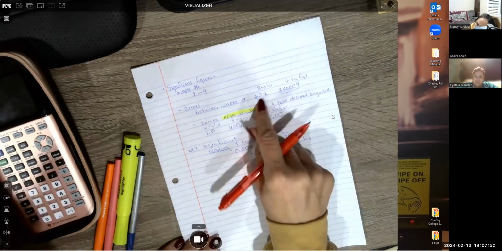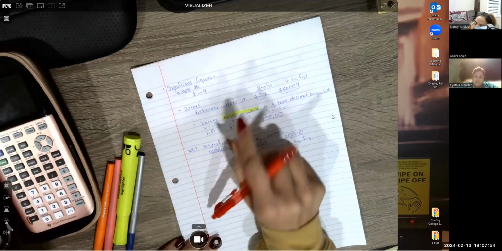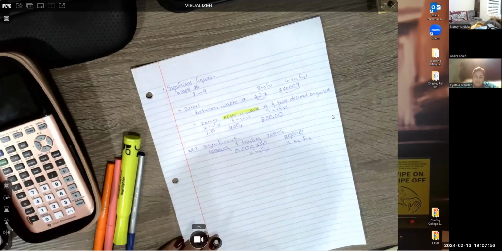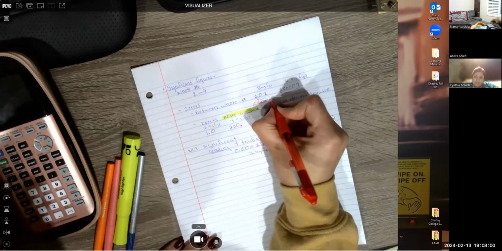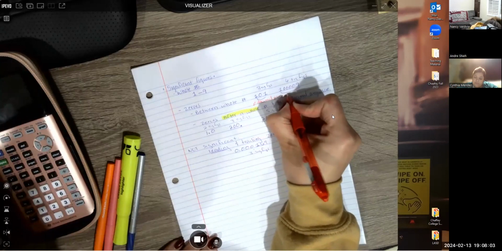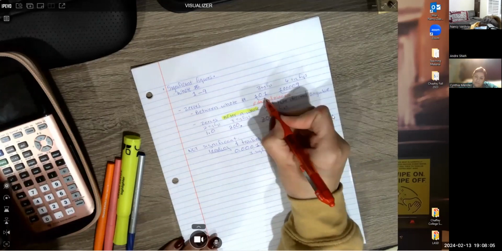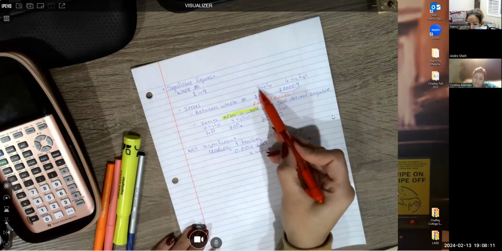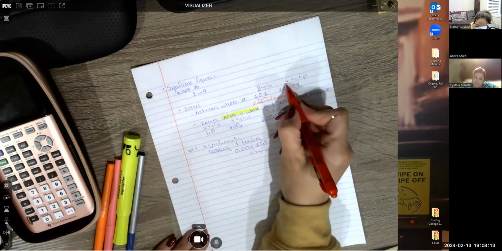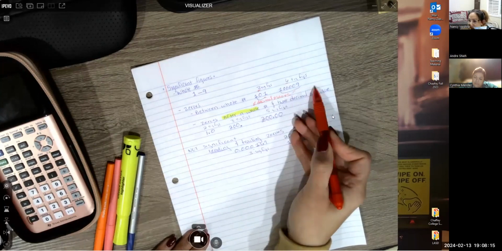So this answer is reported with 3 sig figs, but 0 decimal places. And the same thing for this one here. There's 0 decimal places in those 2 numbers. So they're reported to this amount of sig figs, but no decimal places.